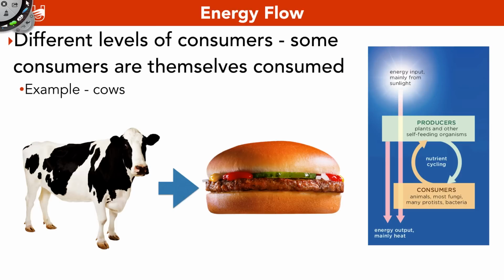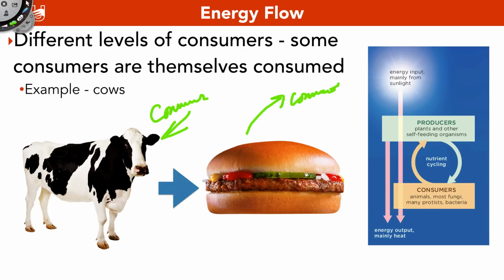Now, different levels of consumers. As we said before, some consumers are themselves consumed. So that cow, for instance, that will make your hamburger, that cow is a consumer. Okay, this is a consumer. And we will consume its products.